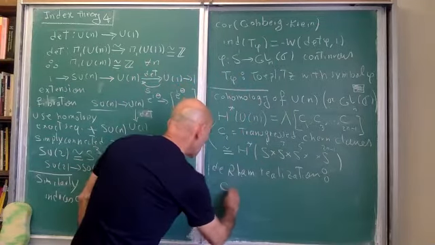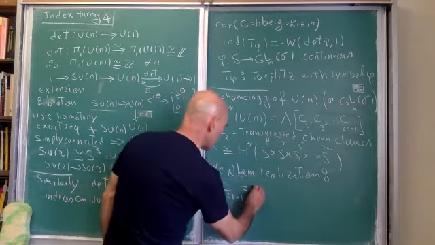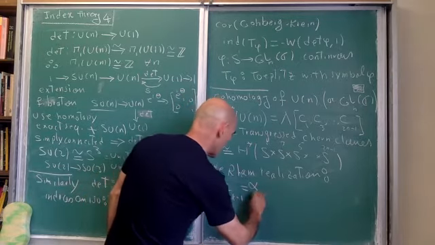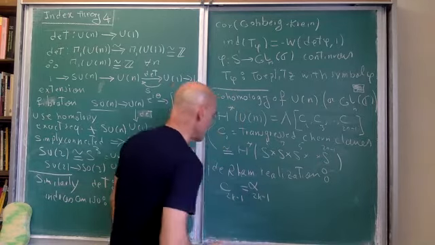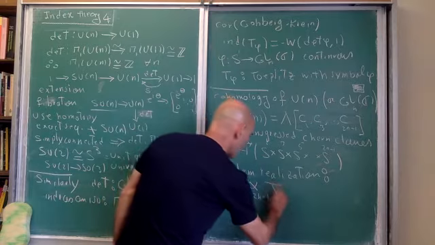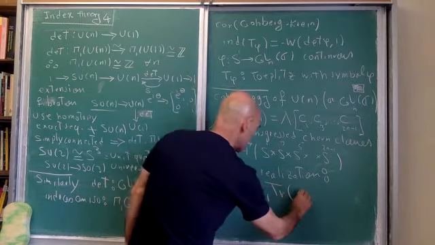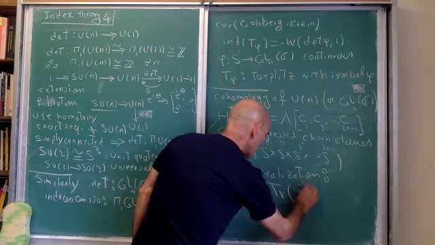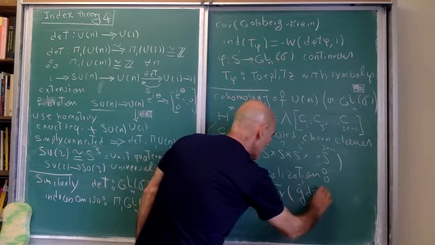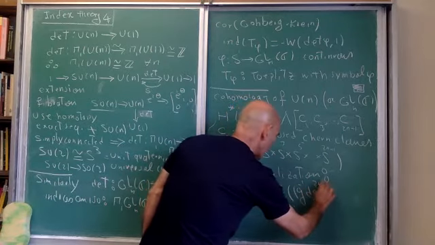C2k minus 1 is equal to some constant, some important constant, but I won't mention what it is. I'll put 2k minus 1, trace of G inverse dG to the power 2k minus 1.